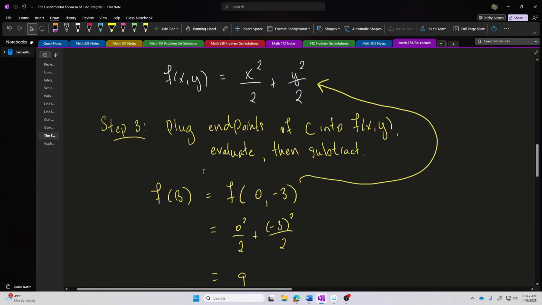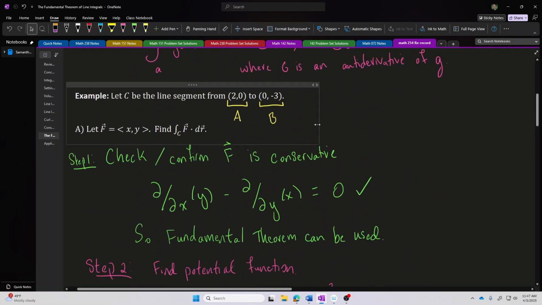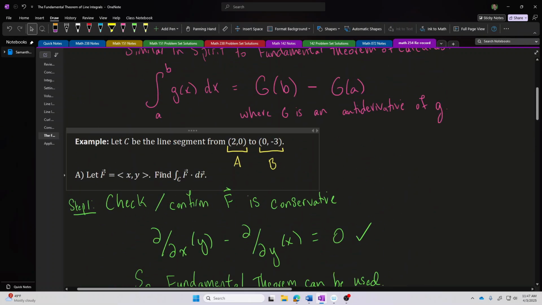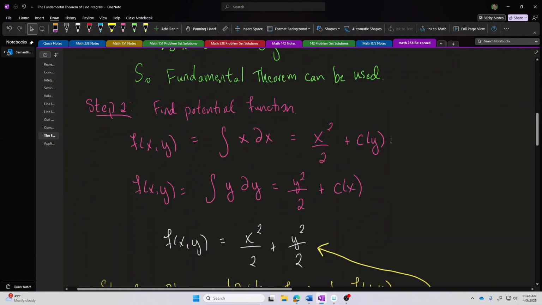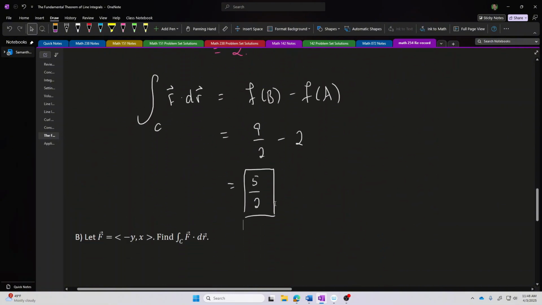If you did parameterize this line segment and plugged the parameterization into the vector field and found the derivative and the dot product and so on, if you did that process, you would get this same answer of 5 over 2 for the line integral.